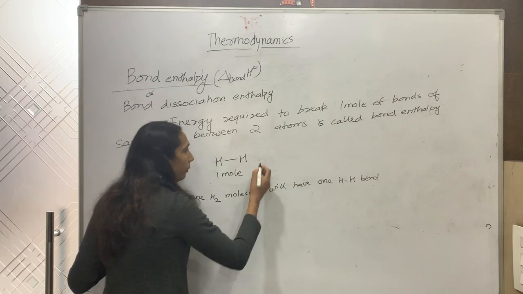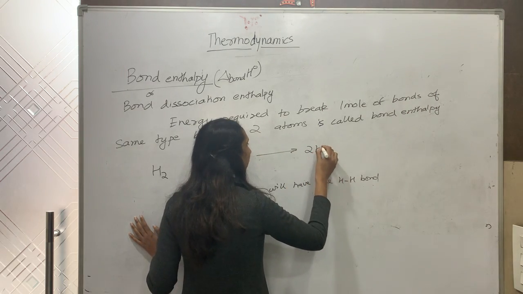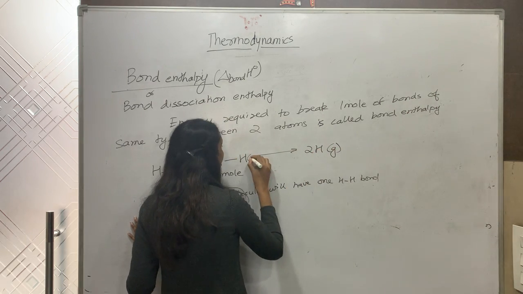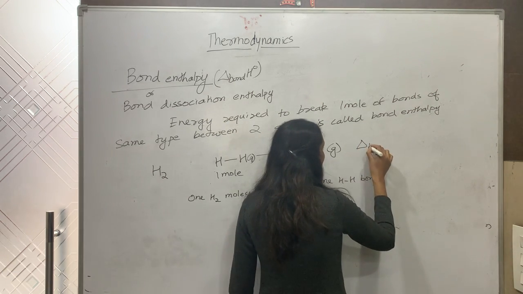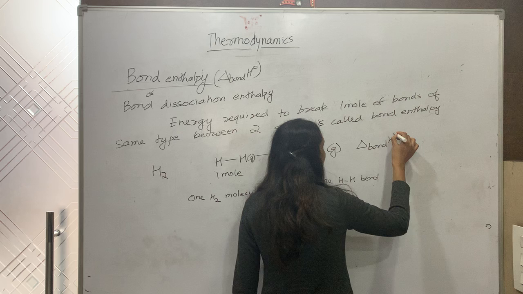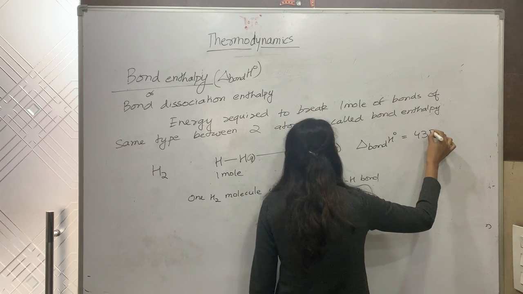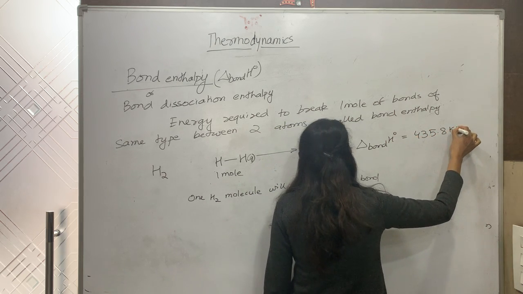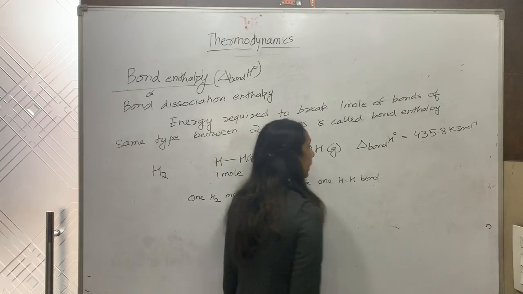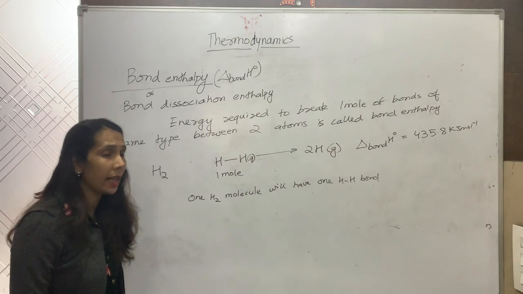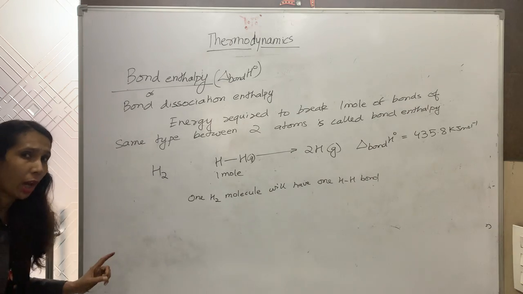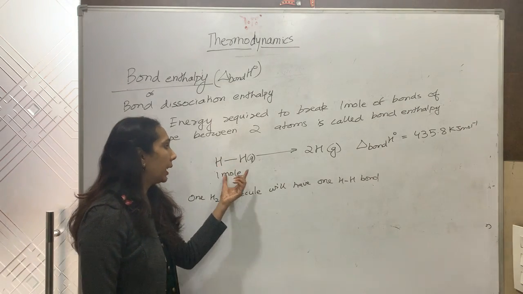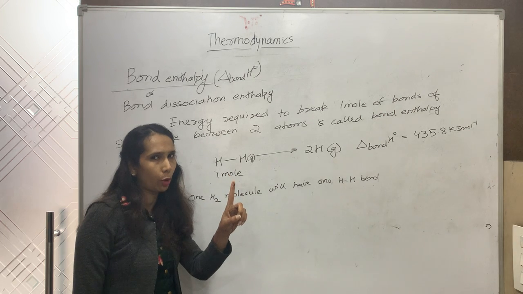And if we break 1 mole of bonds, what will be formed? Atoms will be formed. And the energy required for it is called bond enthalpy. In this case, it is the same as enthalpy of atomization, because each hydrogen molecule contains one H-H bond.